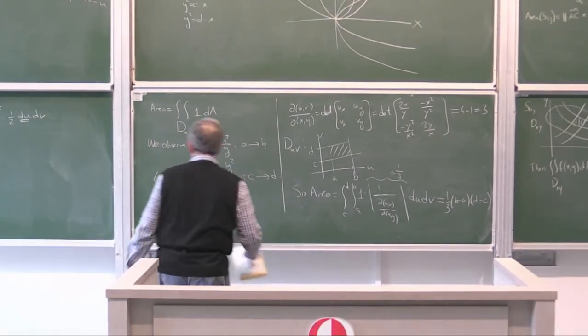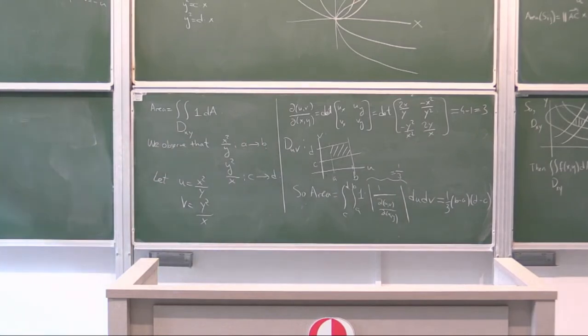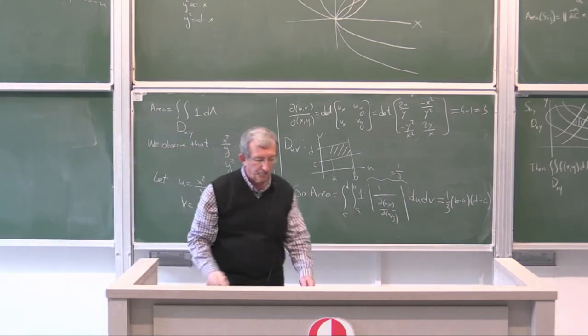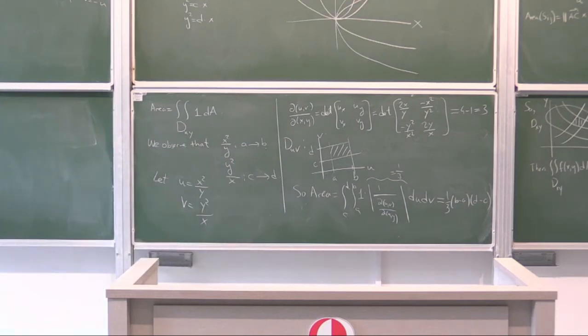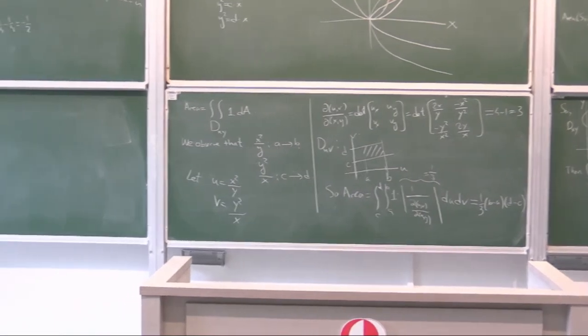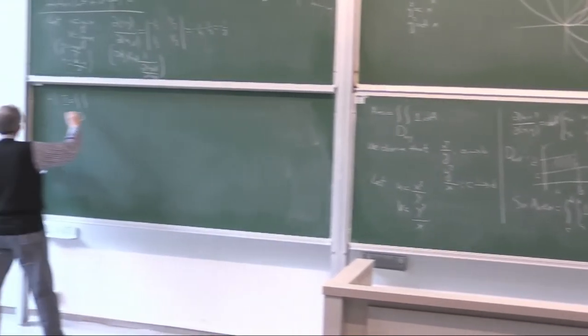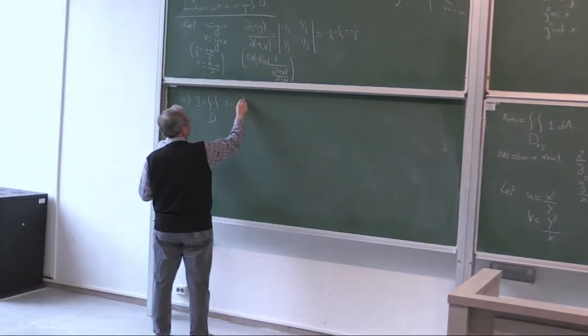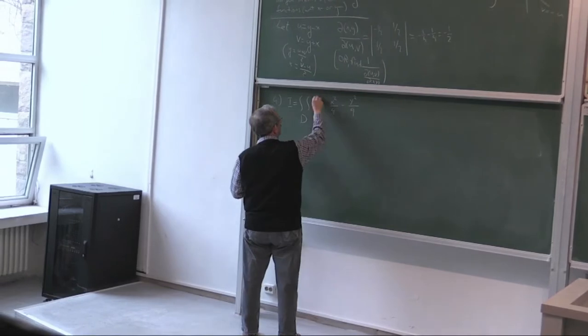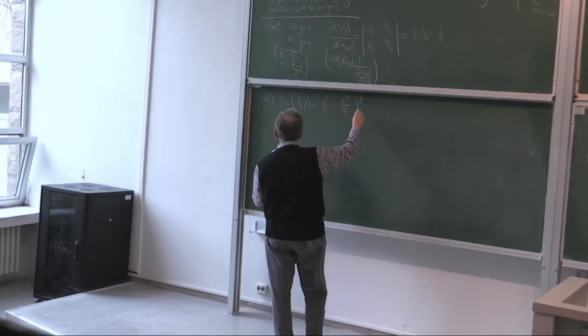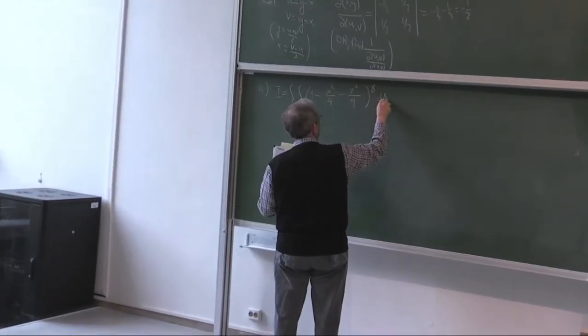Well, a last example. That's my fourth example. Okay, we want to evaluate the integral over D of (1 minus x squared over 4 minus y squared over 9) to the power 8 dx.